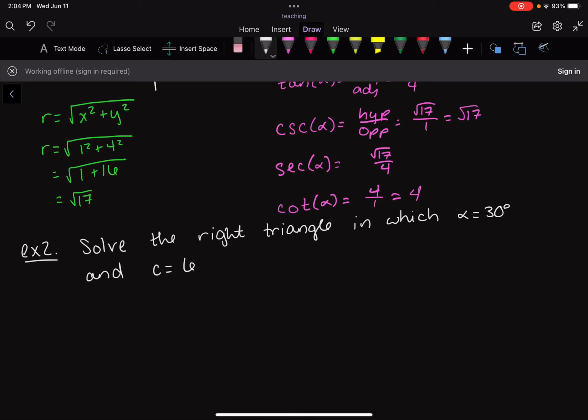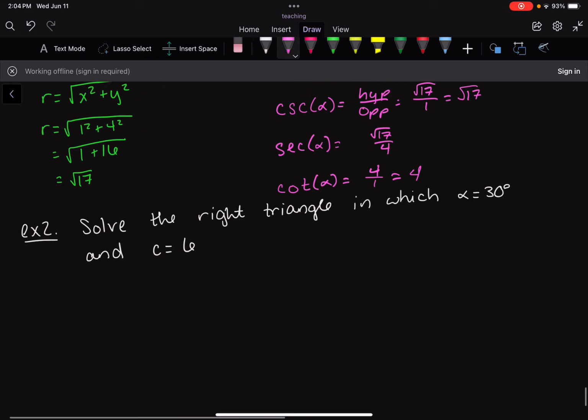Now I want to make a little bit of a comment here. In general, a basic way to write triangles is to label the sides A, B, and C. Usually A and B are your legs, and C is going to be your hypotenuse, if we have one.